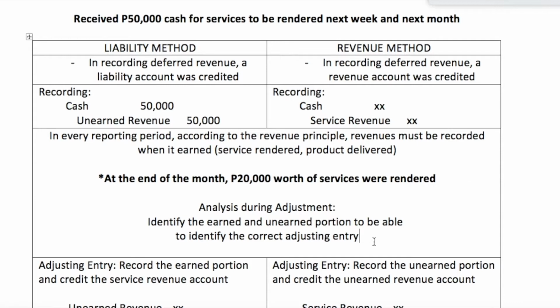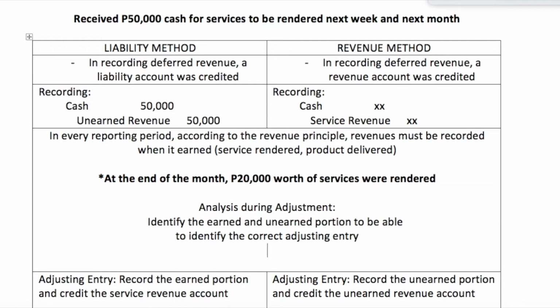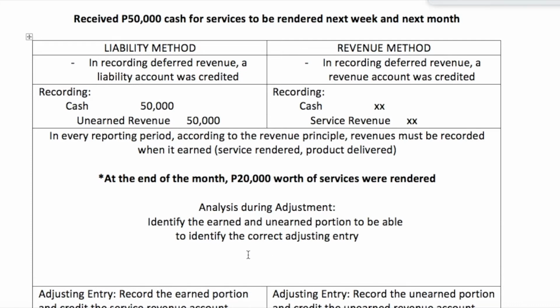So what you do is identify the earned and the unearned portion. If you could remember, this was the cash received, that is 50,000, right?